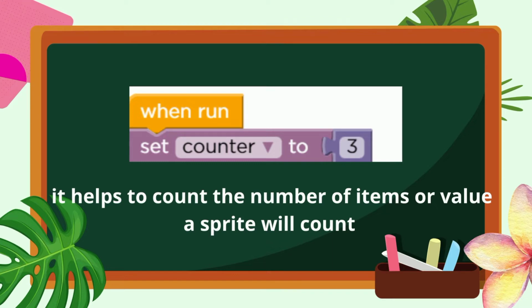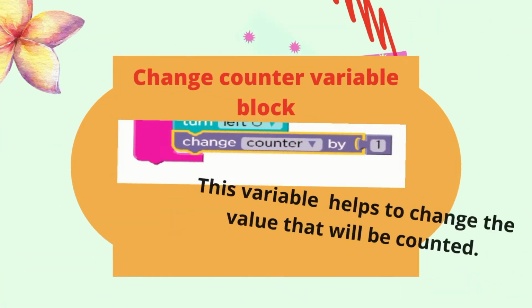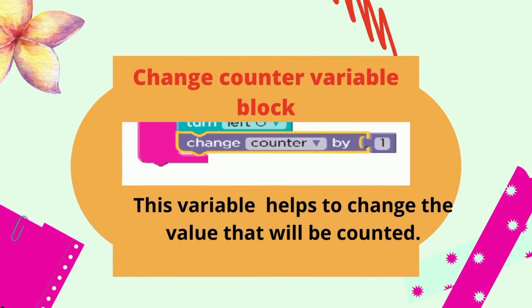The set counter block also works with the change counter block. This helps if the variable wants to count from 1 to other numbers. Now, this will help us to program with the B. We will look at this in our practical class.